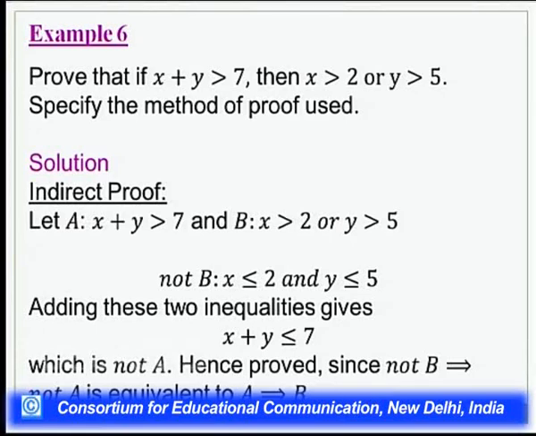Here we can use an indirect proof, which is not Q implies not P. Let us suppose our proposition x plus y greater than 7 is proposition A, and x greater than 2 or y greater than 5 is proposition B. So not B would be the same thing as saying x is less than or equal to 2 and y is less than or equal to 5, and you can see here that if I add the two inequalities, I get x plus y is less than or equal to 7, which is clearly the case of not A. So we have proven that not B implies not A, which is logically equivalent to A implies B.